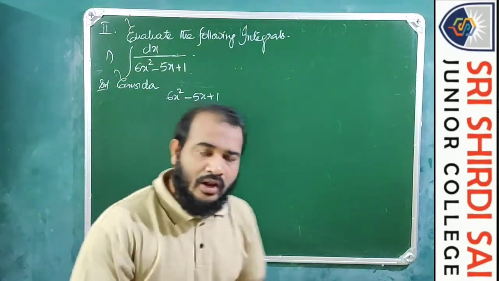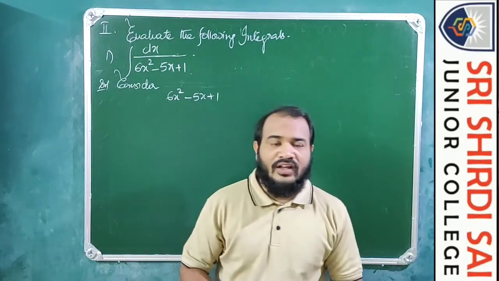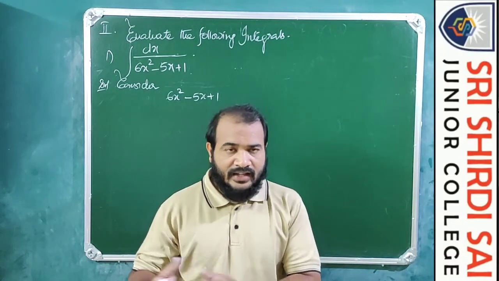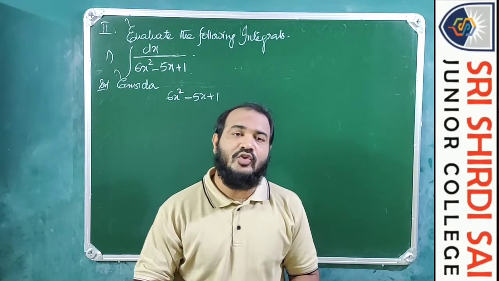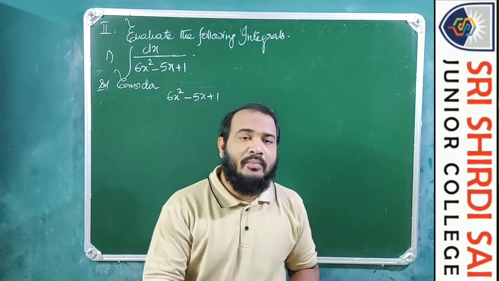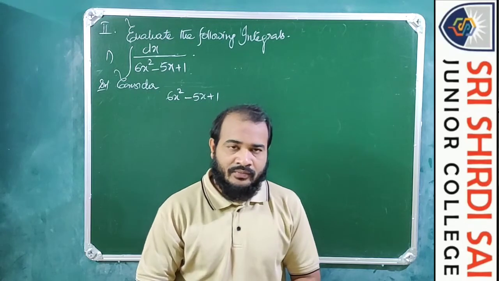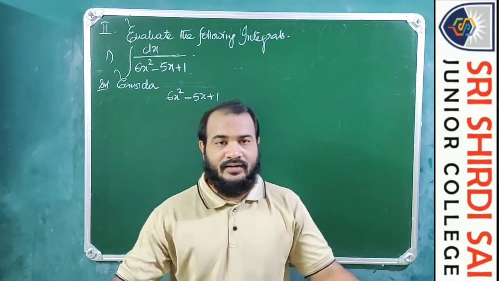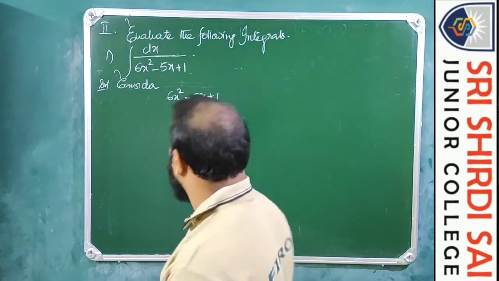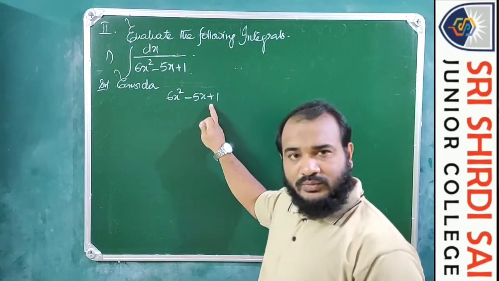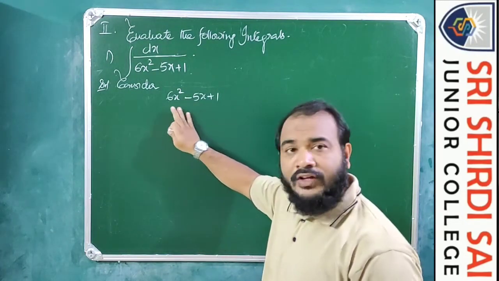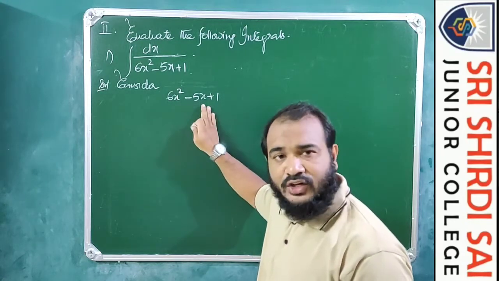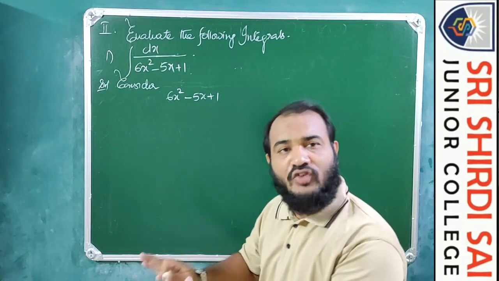An irreducible quadratic factor is an expression which cannot be reduced any further, cannot be factorized any further, cannot be decomposed or split. But let us see whether we actually succeed in expressing 6x square minus 5x plus 1 as the product of two factors or not.